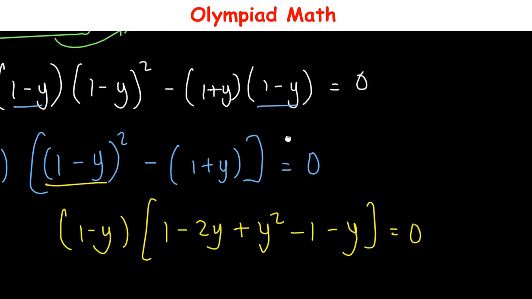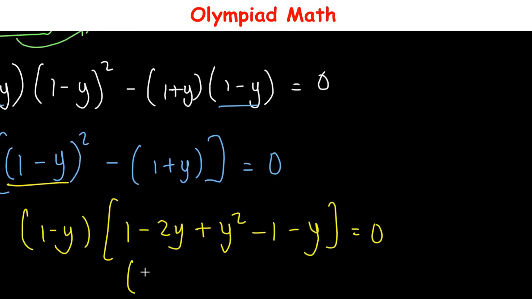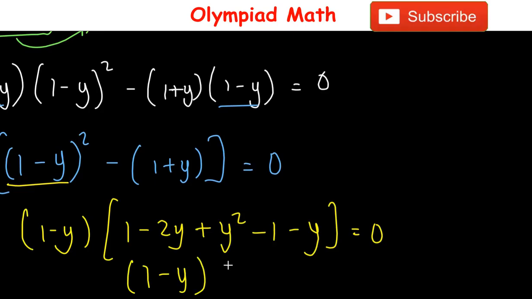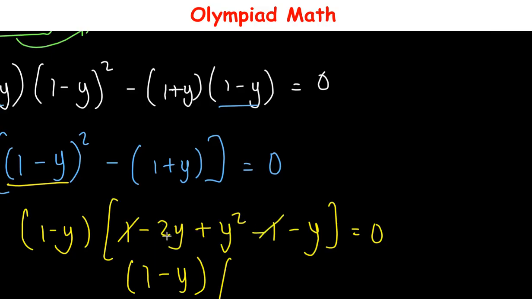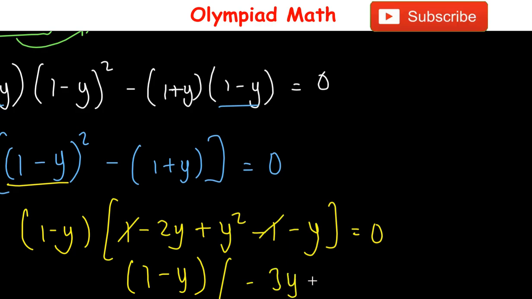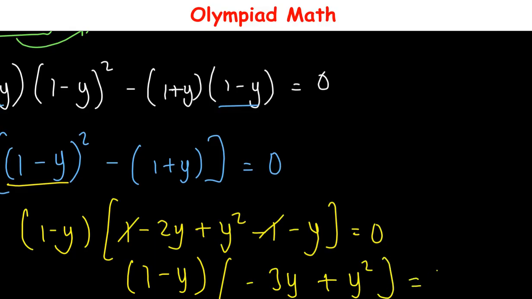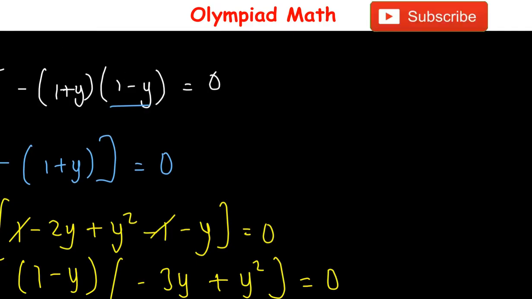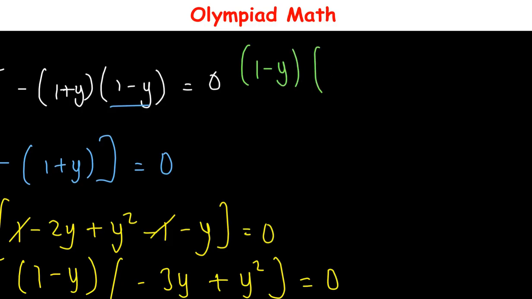So with this, we have in brackets 1 minus y, then multiplied by 1, we cancel out 1, minus 2y minus y is equal to minus 3y, then plus y squared, and this equals 0. So we can write this equation as in brackets 1 minus y, then multiplied by y squared minus 3y, and this equals 0.